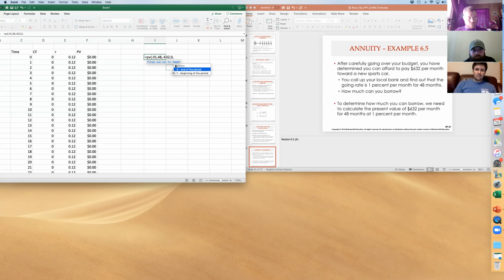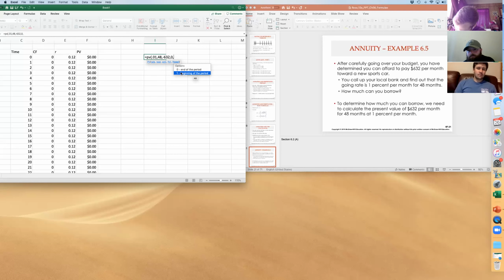Now that we have a payment, we need to tell it type. It's either type 1 or type 0. Type 0 is what we call an ordinary annuity, and that means that your first payment is due at the end of the first period. If it's an annuity due, that means that your first payment is due at the beginning of a period.